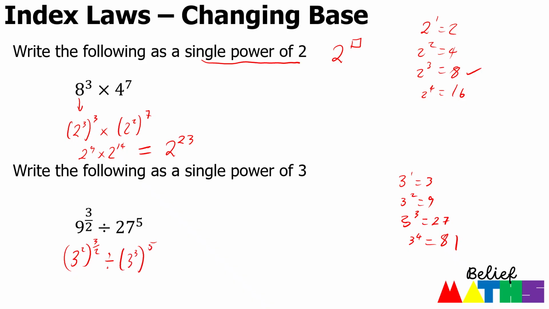Evaluating these, 2 times 3 over 2 is 3 cubed, divided by, and then times those powers, 3 to the 15. When you then subtract those from each other, you get 3 to the power of negative 12, which is what you want, because it wants it as a single power of 3, which means 3 to the power of something. You don't need to make it 1 over 3 to the 12.